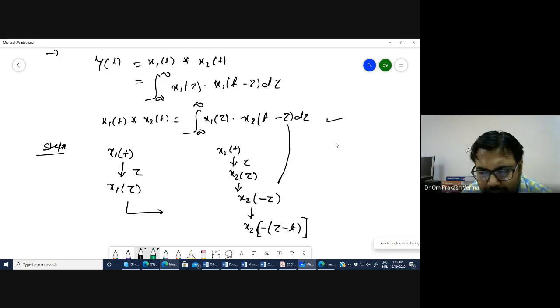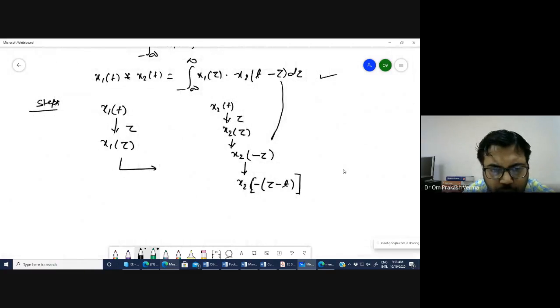Now you multiply this signal x1(tau) with this signal, take the product, and then integrate. So you got x1(tau), you got x2(t minus tau) with the help of folding and shifting operations, then multiplied, and then took the integral, right?